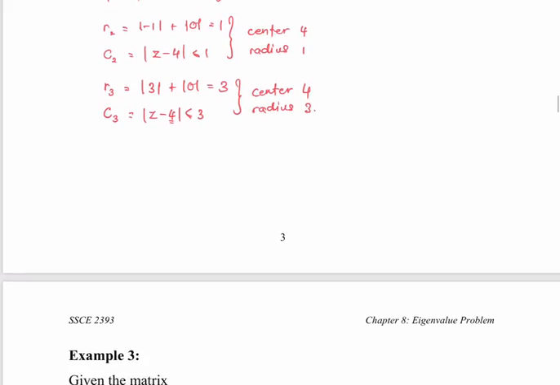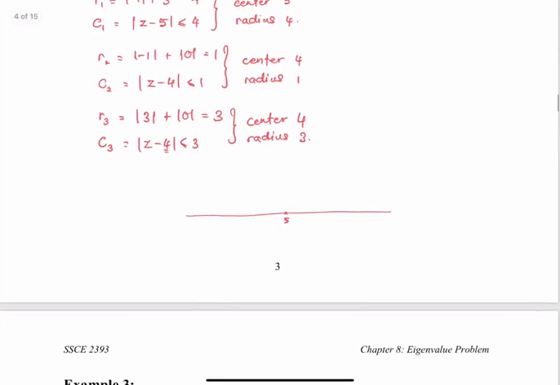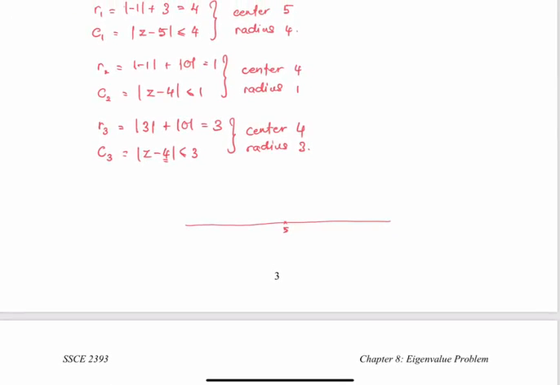So from row 1 here, actually this is a circle with center at 5, radius 4. So here, let's say we have 5. And then meaning that here is our 9. 6, 7, 8, 9, 4 is the radius.